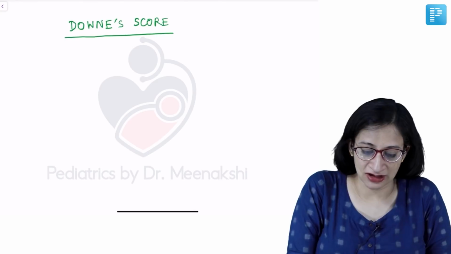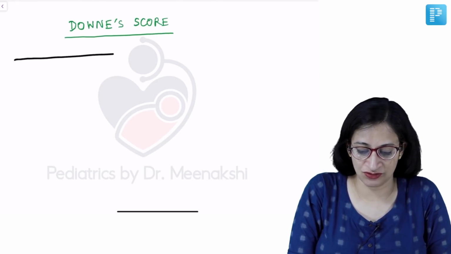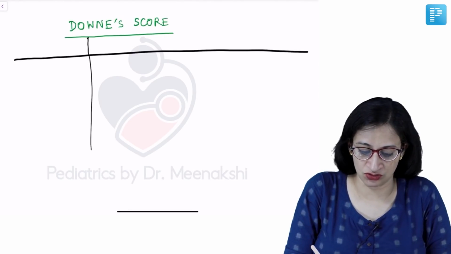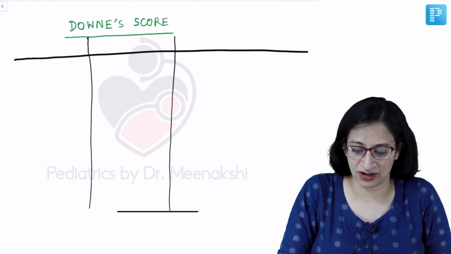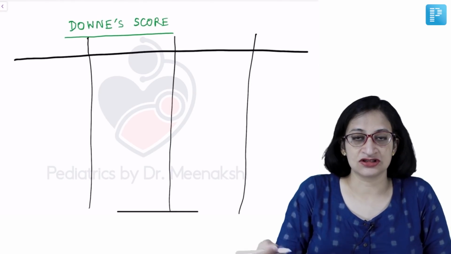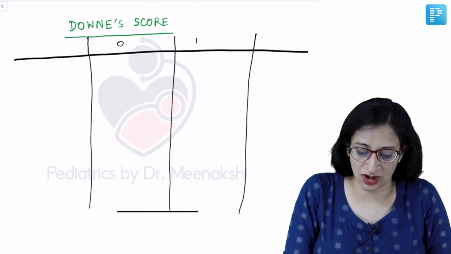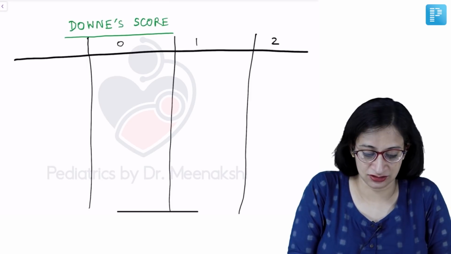Okay, but the pattern of scoring is similar to what we saw in the Silverman score. So what we have here again is our 5 components. Each of them can be given a score of 0, 1 or 2. Okay, and then you calculate the final score accordingly, just like we did in the Silverman score.